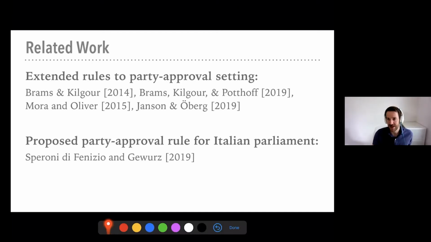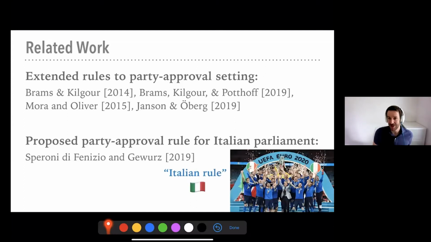So their idea was to elicit approval votes and then aggregate them in such a way that there's a small number of parties with lots of seats, such that forming a coalition becomes easier. And in honor of the new European champion, I will refer to this rule as the Italian rule in this talk. In the paper, we call it the majoritarian rule.